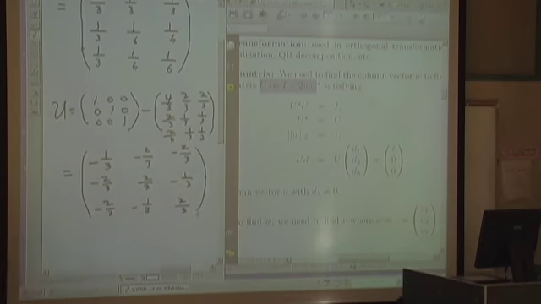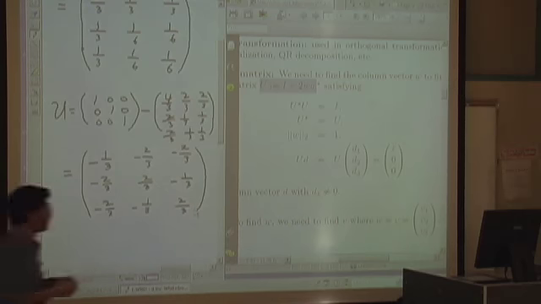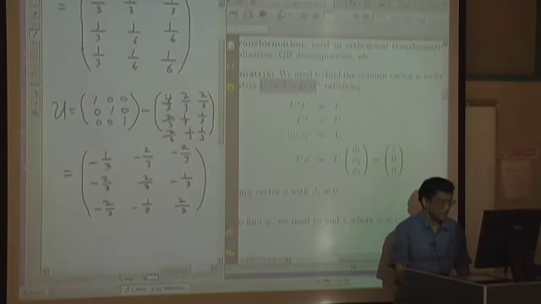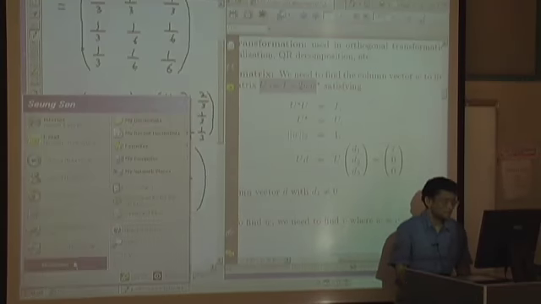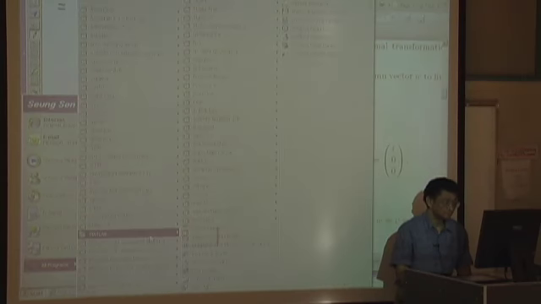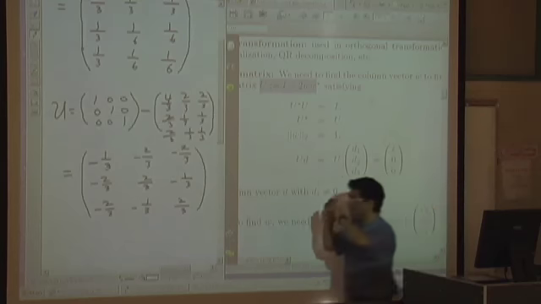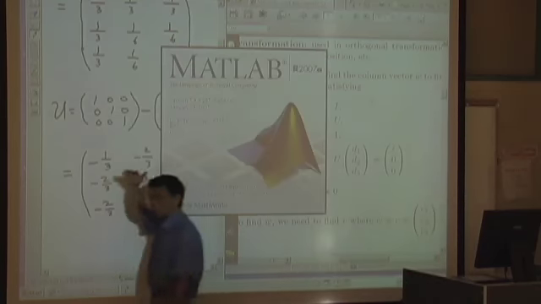So from this point on, I will investigate it. Yes? No question? Then instead of hand calculation, I will use MATLAB. So I will define U, and then I will check all the properties.